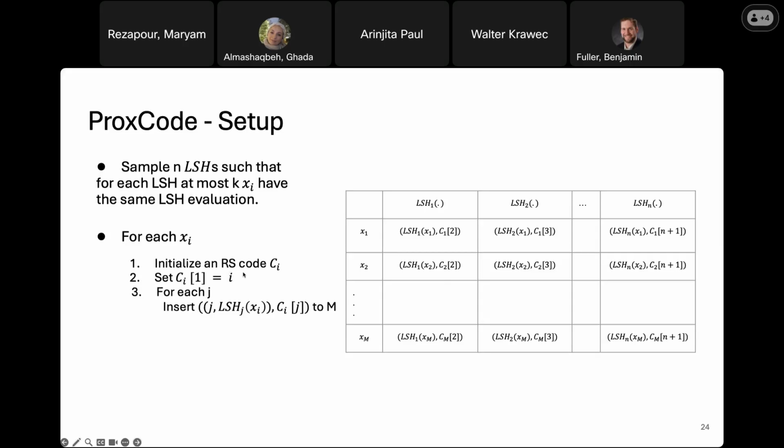That's why when we do the error correction, we are going to be able to recover the index of the record. And then for each of the LSHj's, we are going to put the tuple LSHj of Xi and the code word Ci of j to the map.